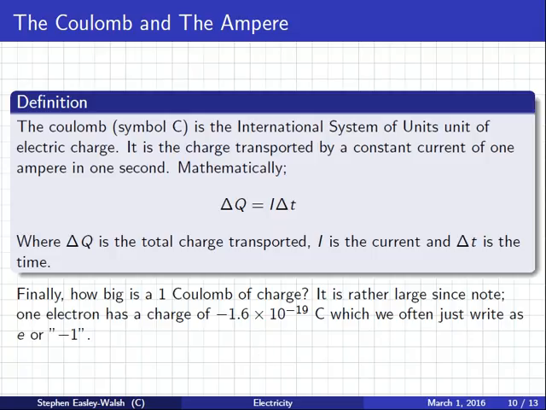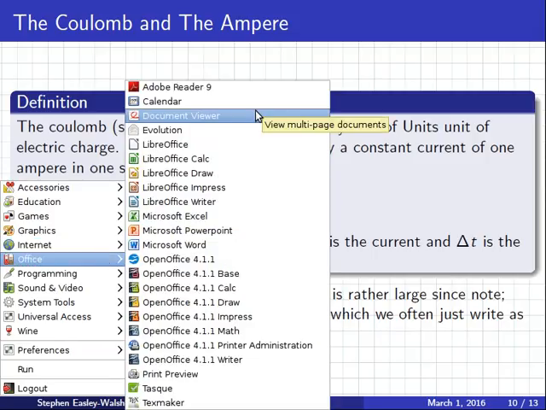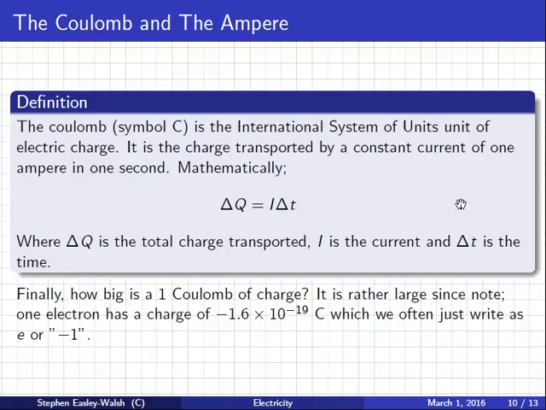So it's built into the calculator. What would we need to know? For 1 electron, the size? How much charge it has. -1.6. -E.